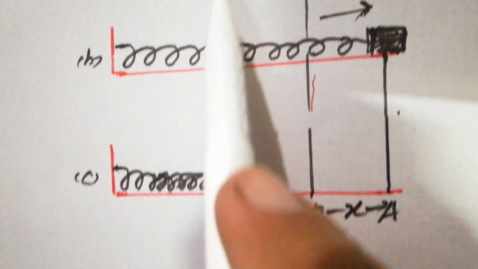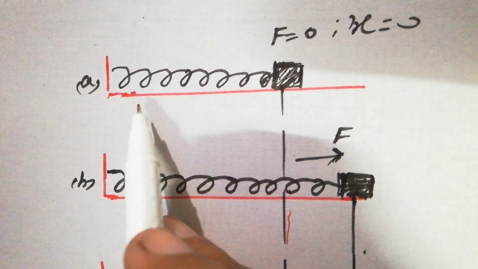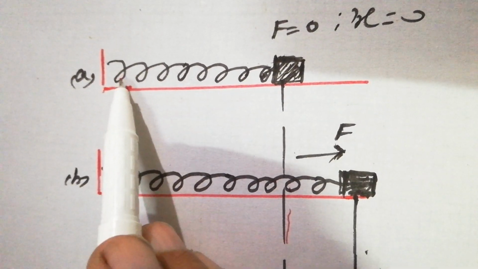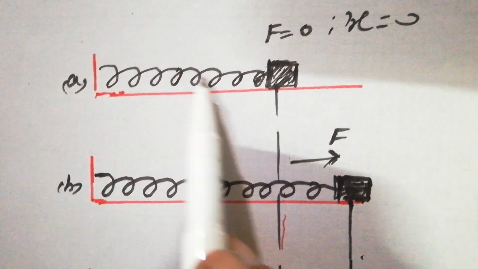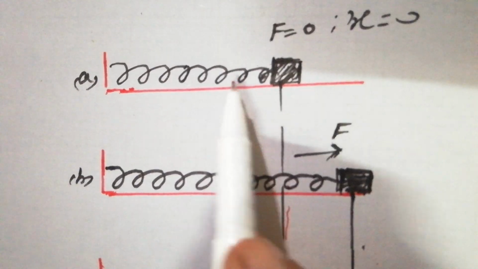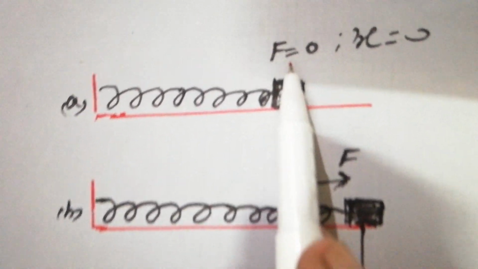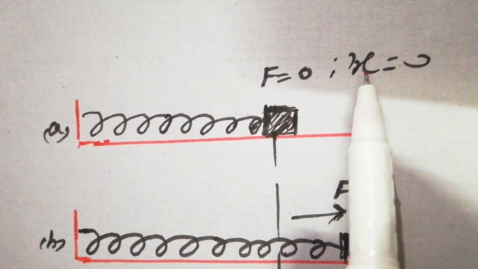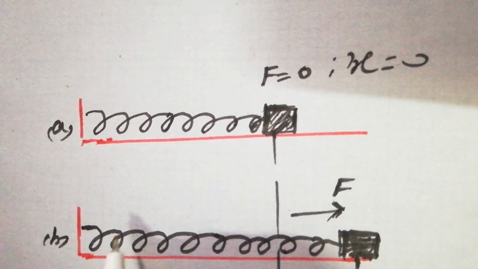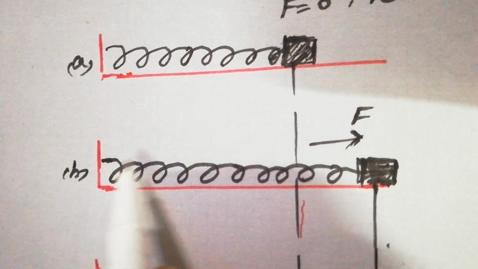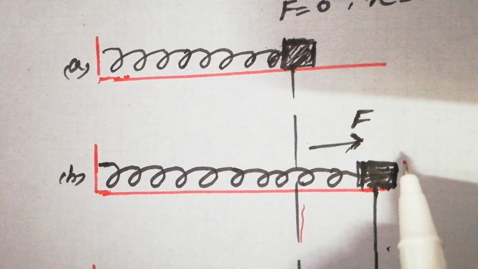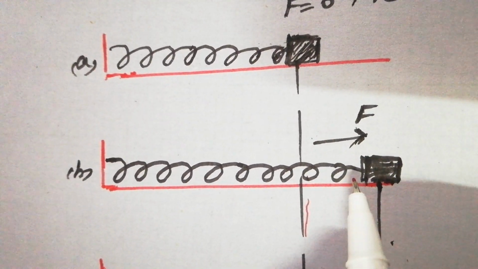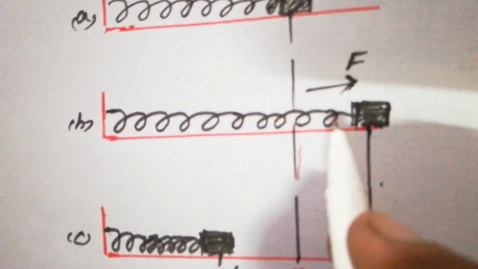So look again here, students. We are discussing simple harmonic motion with the help of spring mass system. It is a spring mass system lying horizontally as shown in the figure. In this diagram, F is 0, there is no force acting, displacement is 0. In this case, the force acts on the right side and it covers a displacement x in that direction.